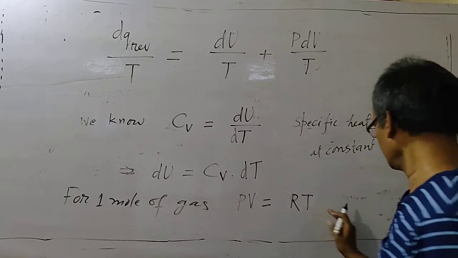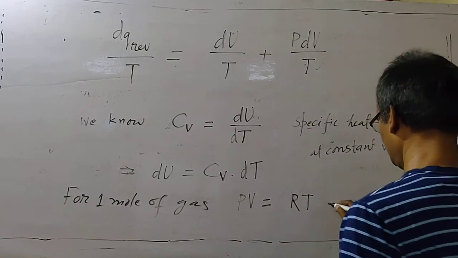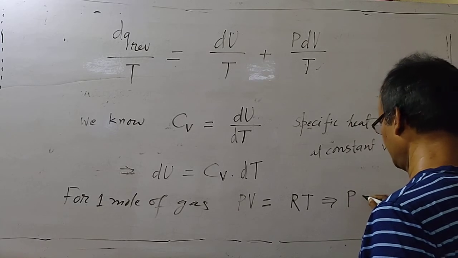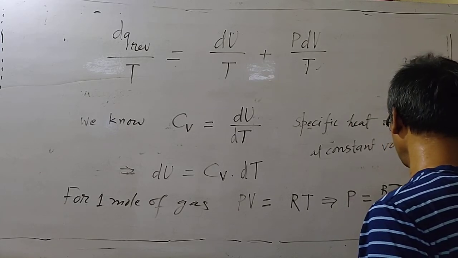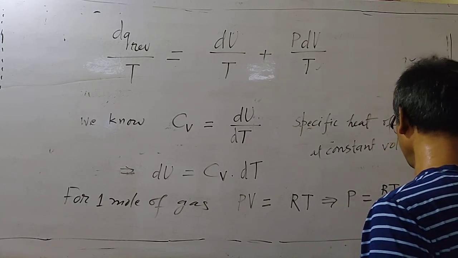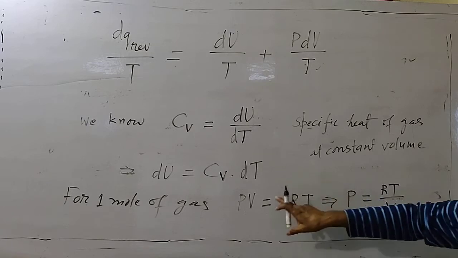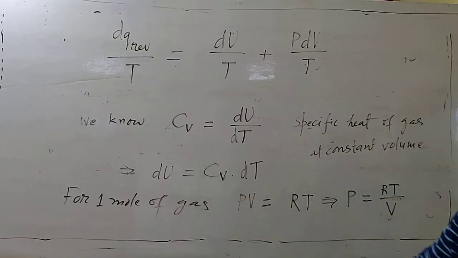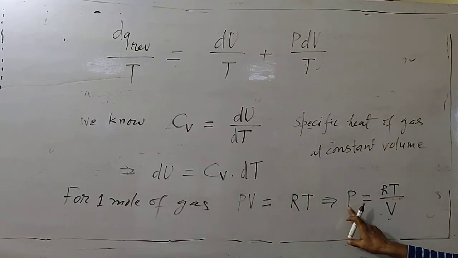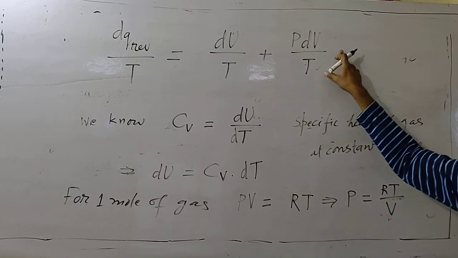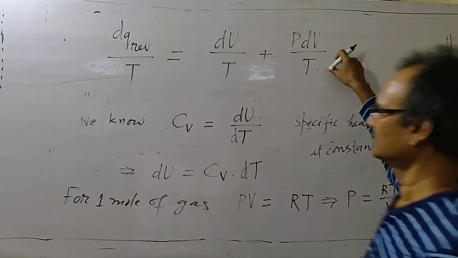So therefore, we may write P is equal to RT divided by V. Putting these values of dU and P in this equation, we get dq reversible.